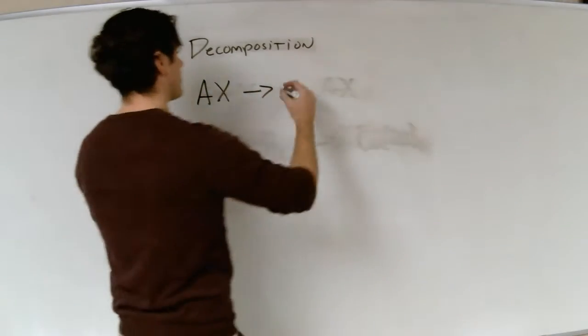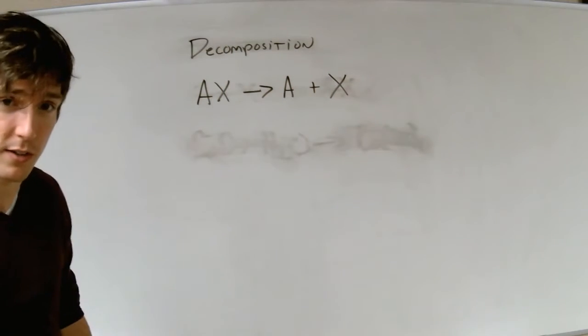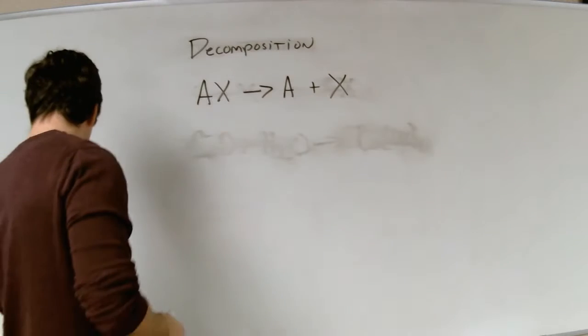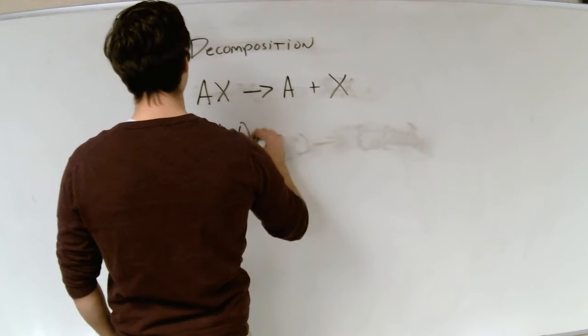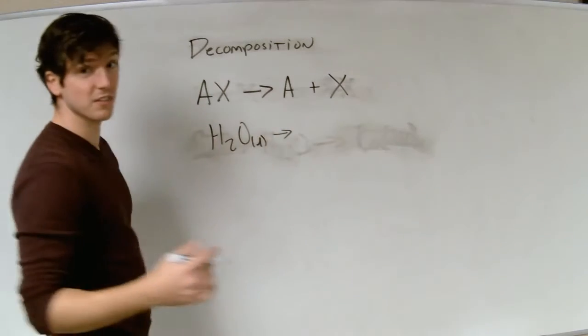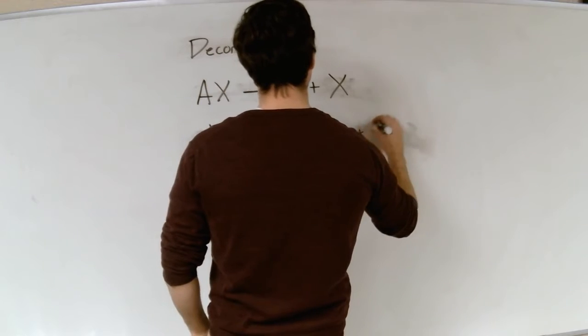So a compound's going to break up, a reactant is going to break up into 2 separate products. A good example of this is something like water. When it decomposes, it could decompose into hydrogen gas and oxygen gas.